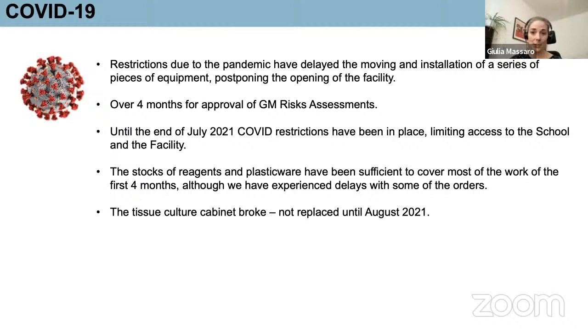And then, of course, the reagents. Although with the first pot of money we managed to get some consumables for a couple of rounds of preps, it was very difficult to get hold of consumables and plasticware. This further delayed the operation of the facility. And then, last but not least, the tissue culture cabinet broke, and I was almost 5 months without tissue culture hoods until August 2021.